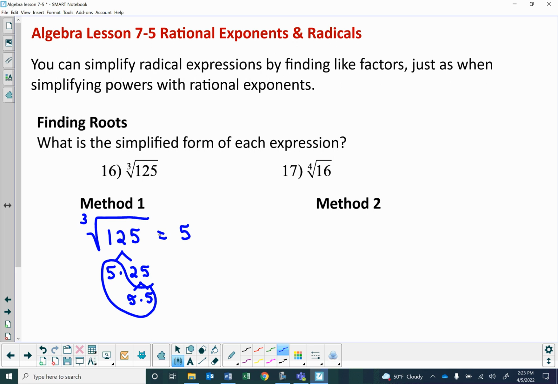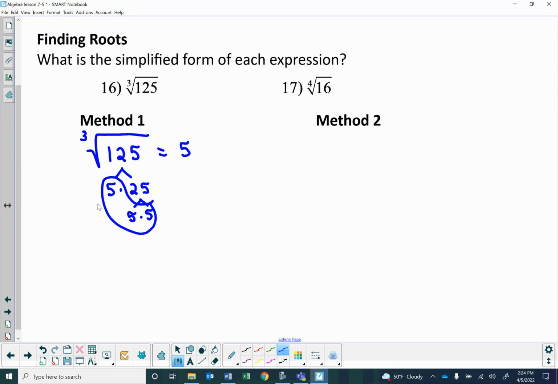Okay. I could do the same sort of thing with this. The cube root of 125 is a lot like saying 125 to the 1/3 power. This would be method 2 for the same problem. So I would say if I have 125 to the 1/3, you might say, well, how do I do that?